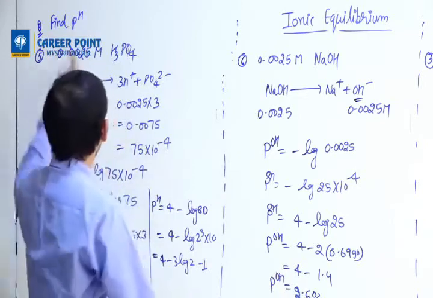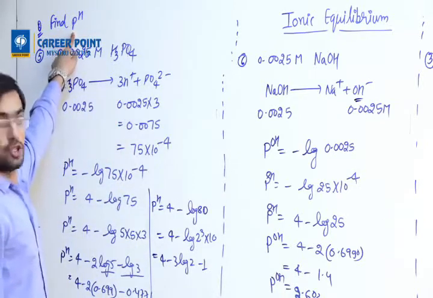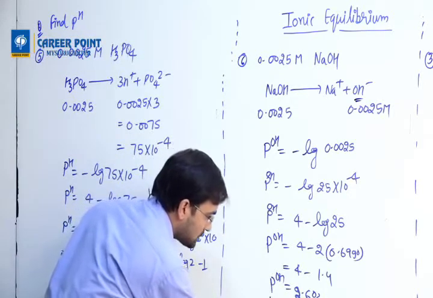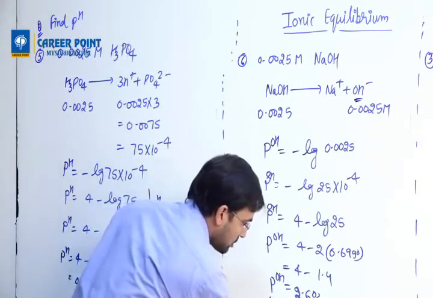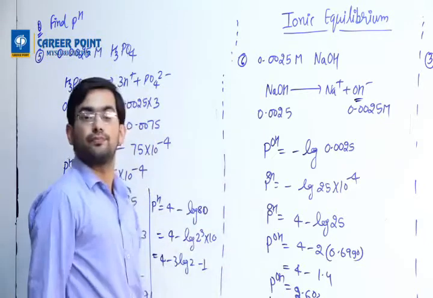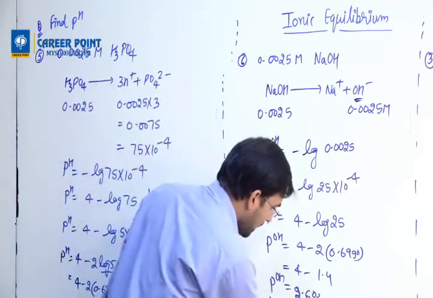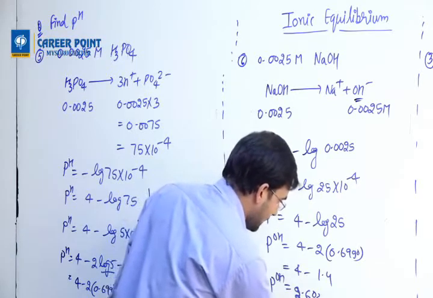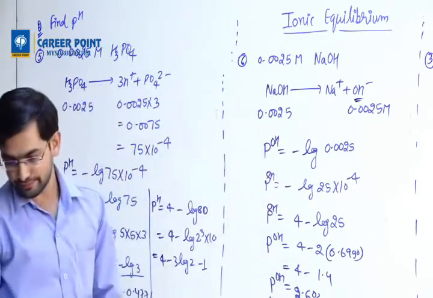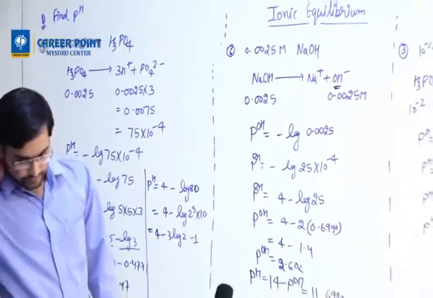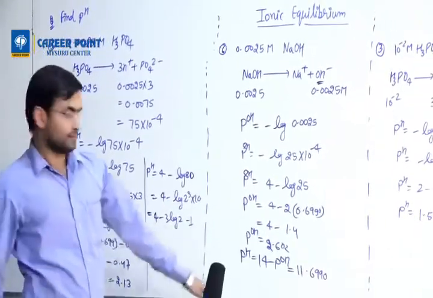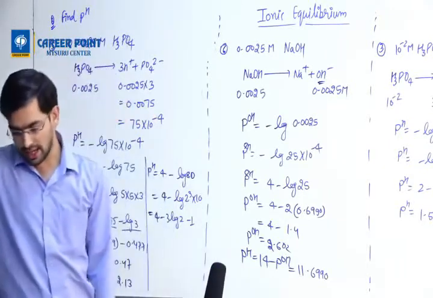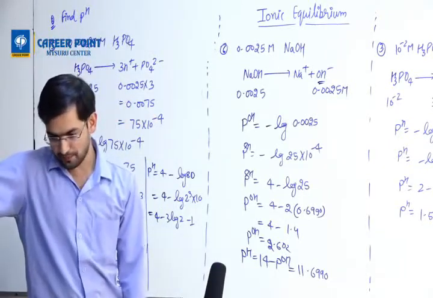But this is what? pOH. The question was find pH. So not matching. To match pH, what will I do? pH equals 14 minus pOH. Then we'll get 11.6990. We'll get 11.6990.